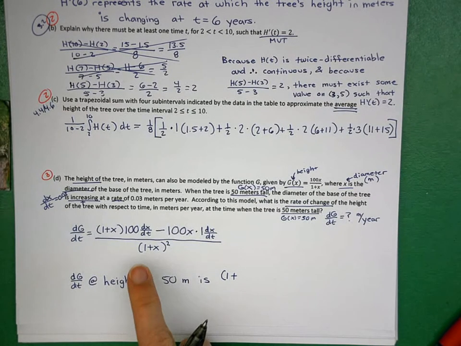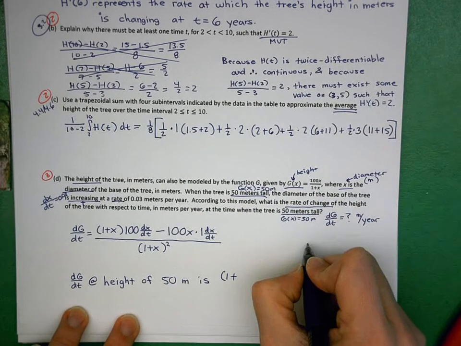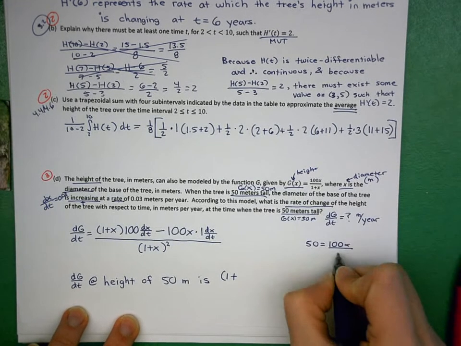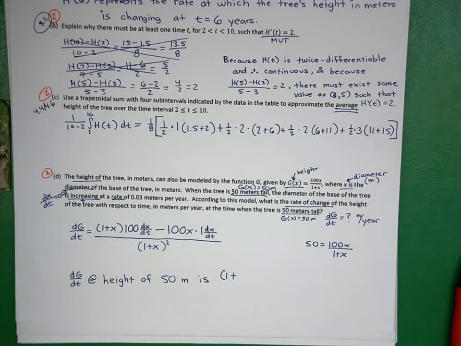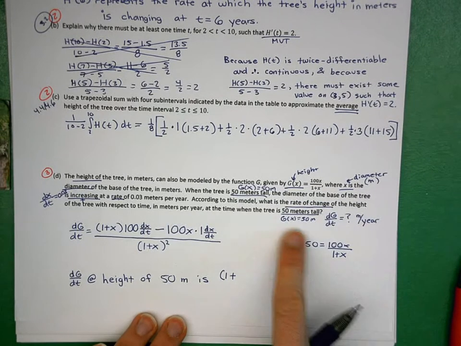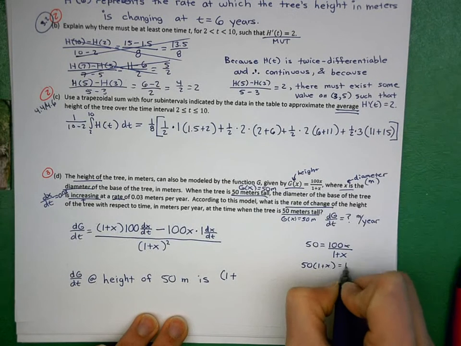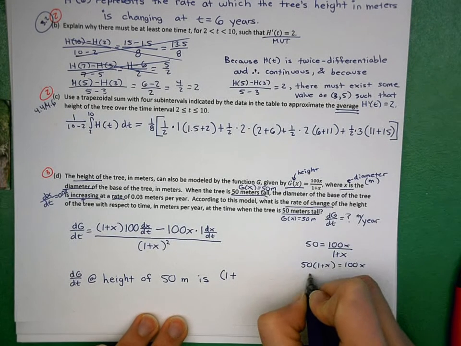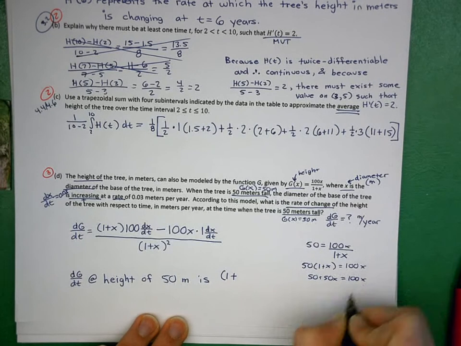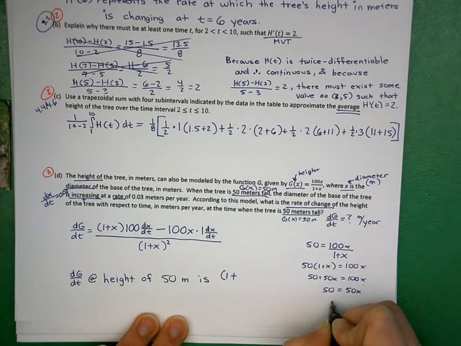My diameter is the x, my g is the 50. So what we would have to do is set my g function equal to my height of 50 and solve for that diameter. So multiplying this 1 plus x over would be here. Distributing the 50 plus 50x. Subtracting the 50x over. And dividing the 50, we get that our x is 1.